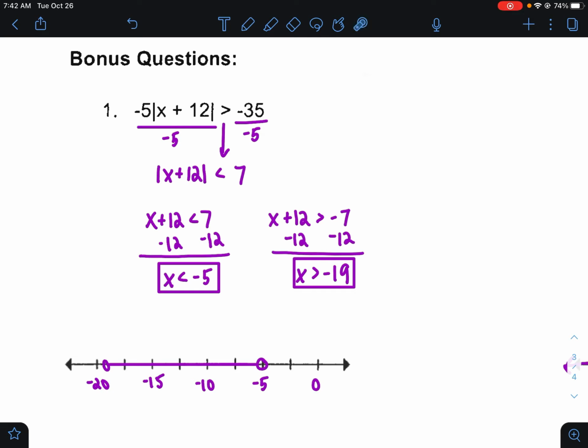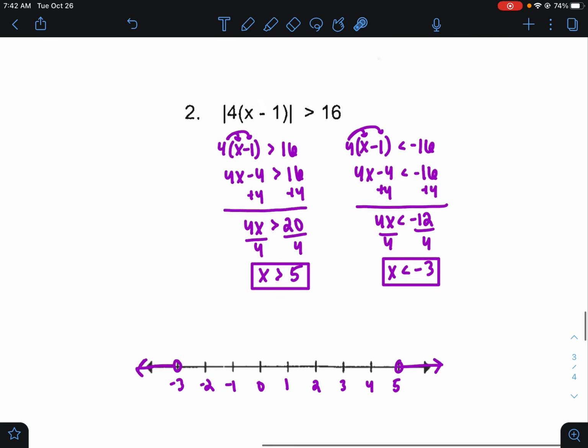Then remember, when we have an absolute value and an inequality, we have to set up 2 expressions. We set up the positive version where the inequality stays the same, and we have the negative, and we flip the inequality again. For both, we're going to subtract 12, and we end up with x is less than negative 5, and it's greater than negative 19. So plot that on your number line. It should look like that, 2 open circles that are meeting in that designated range.